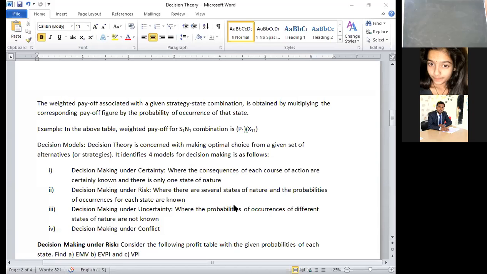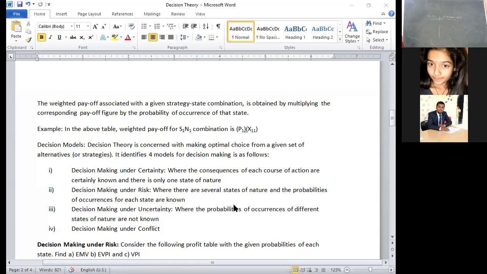The decision maker is unable to specify the probabilities with which the various states of nature will occur. Okay, I will tell you the difference between risk and uncertainty. Certainty means you have complete knowledge. Risk, uncertainty, what is the difference?